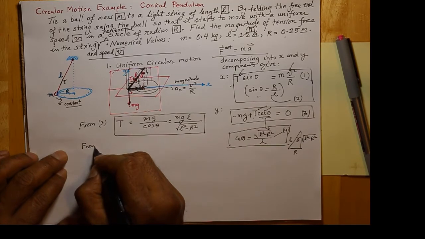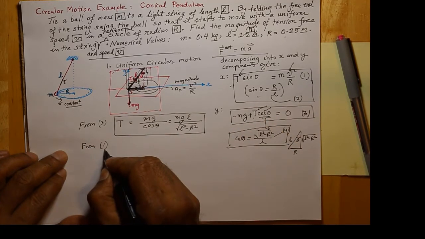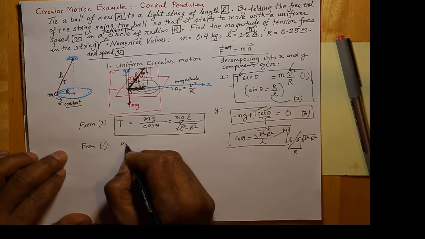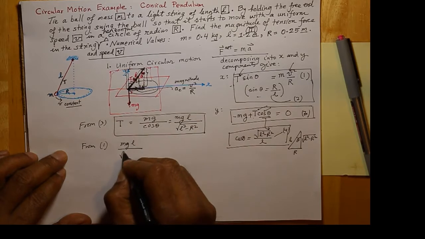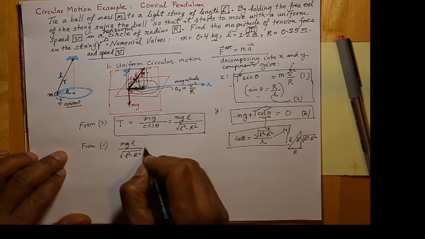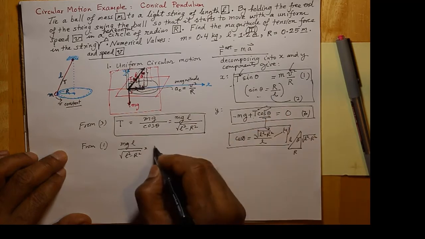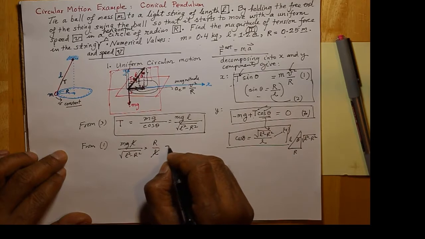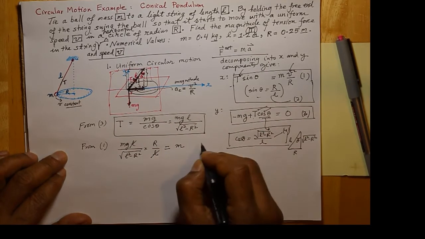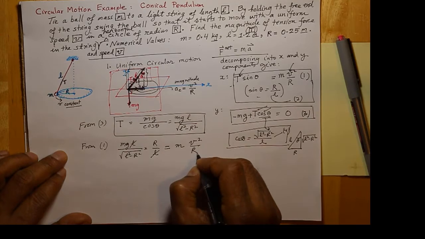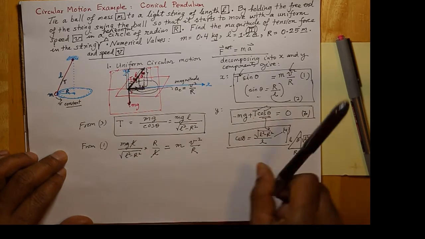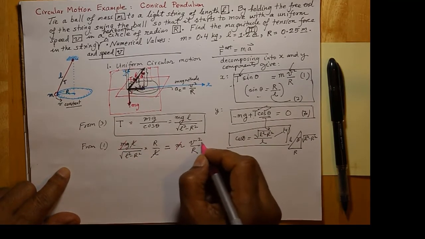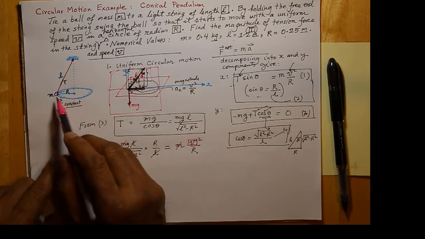From 1, I can use this T into 1, so I get mgL over the square root of L squared minus R squared for the T. For sine theta I get R over L, so this L will cancel out here, and on the right side we get m v squared over R. I can see the m cancels out, which means the speed will be independent of the mass of the ball.